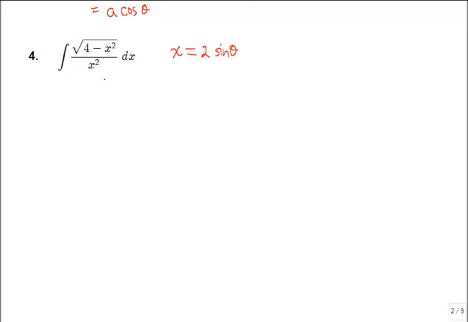Now before I go ahead and plug that in, we also need to figure out what dx is going to be because that's going to change into something in terms of d theta. To figure out dx, just take a derivative. What's the derivative of 2 sine theta? Well, that would be 2 cosine theta, and then we get that d theta on the side. So wherever I see this dx, I'm going to replace it with all of this. And wherever I see x over here, I'm going to replace it with 2 sine theta.